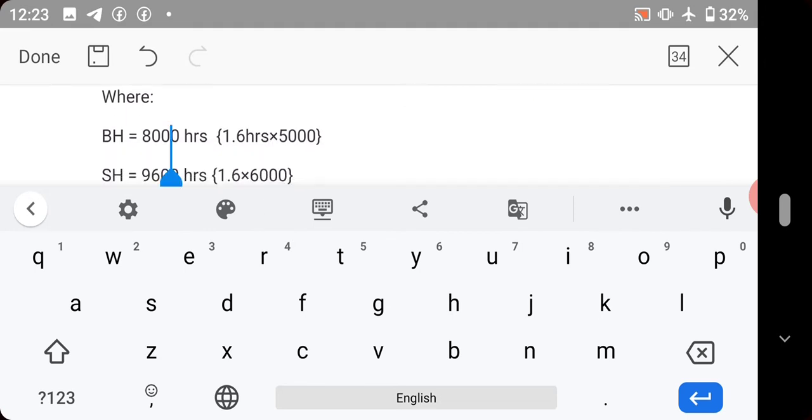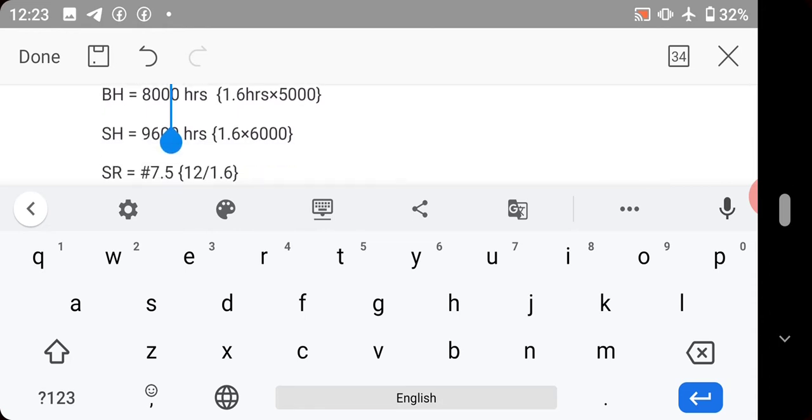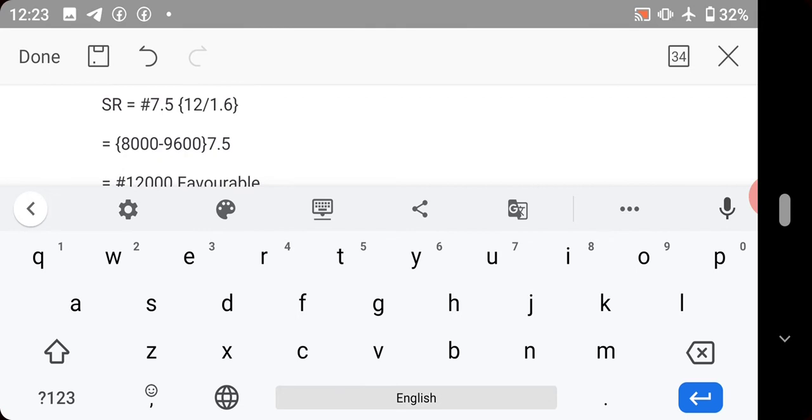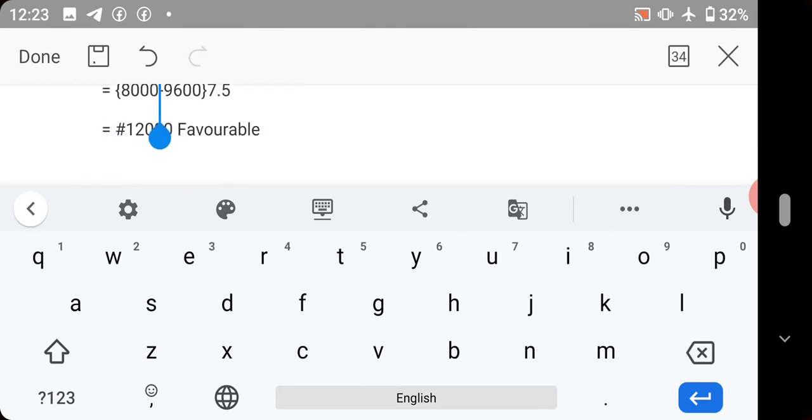That will give us 8,000 hours. Now the standard hour is what? That same standard hour per unit, which is 1.6, times the actual units produced, which is 6,000. That will give you 9,600. Now, what is your standard rate per unit? It is 7.5. How do you get 7.5? It is 12 divided by 1.6. Now, you substitute in the formula. You have 12,000 naira and it's favorable.